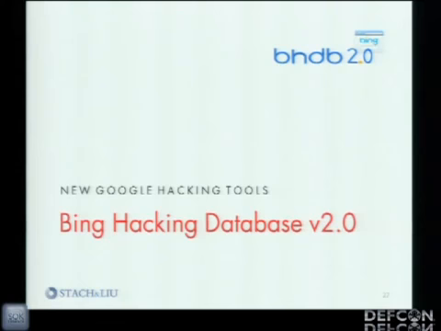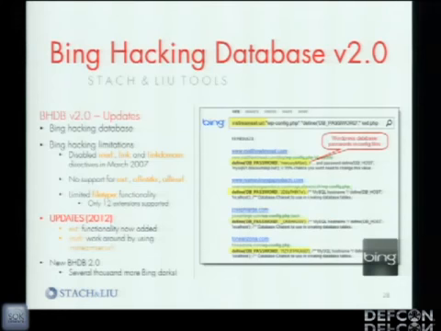So one other thing, and this is not so much a tool as an update to our main Bing hacking dictionary. Due to some recent updates in Bing's API, as well as some undocumented or poorly documented features, we have released an updated version, the Bing hacking database version 2.0.